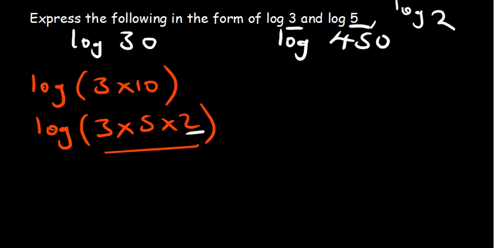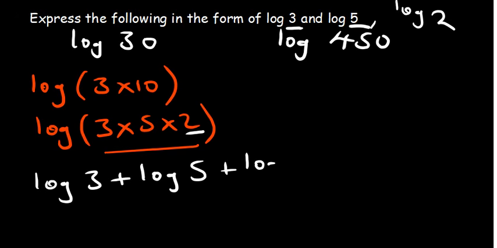So this is going to be log 3 plus log 5 plus log 2. So we've broken it down, we've simplified it, we've expressed it in such a form where we get to see the log 3, the log 5, and also the log 2 there.